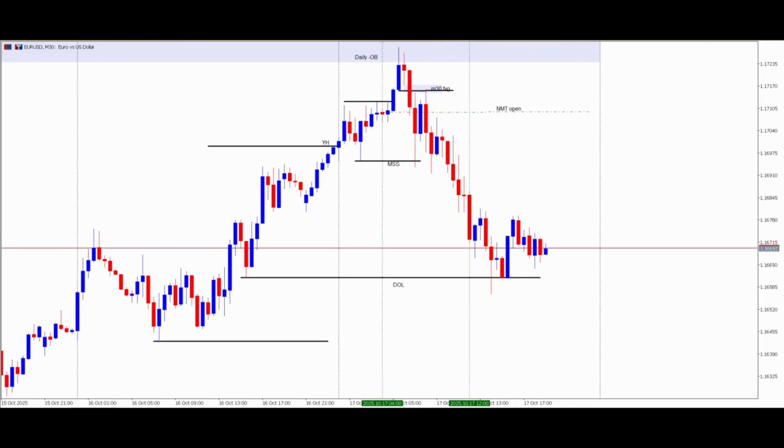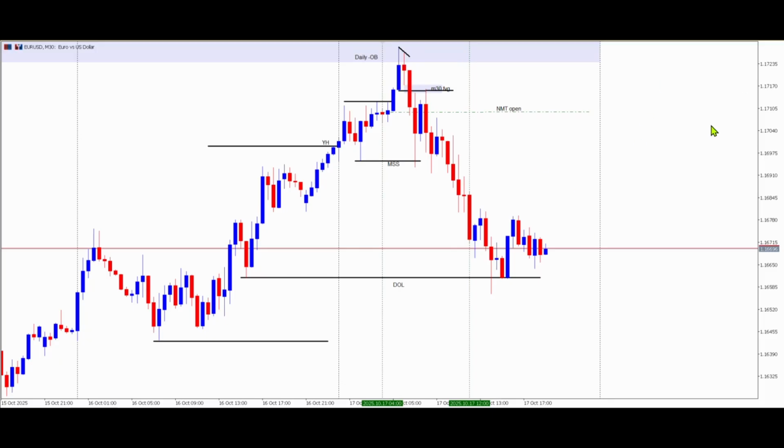Another confirmation that I saw, look at this, we make a lower high. Okay, this candle came in at 6:00, London open, right here. This one, according to this broker's time, came in at 5:30, so we form a lower high.